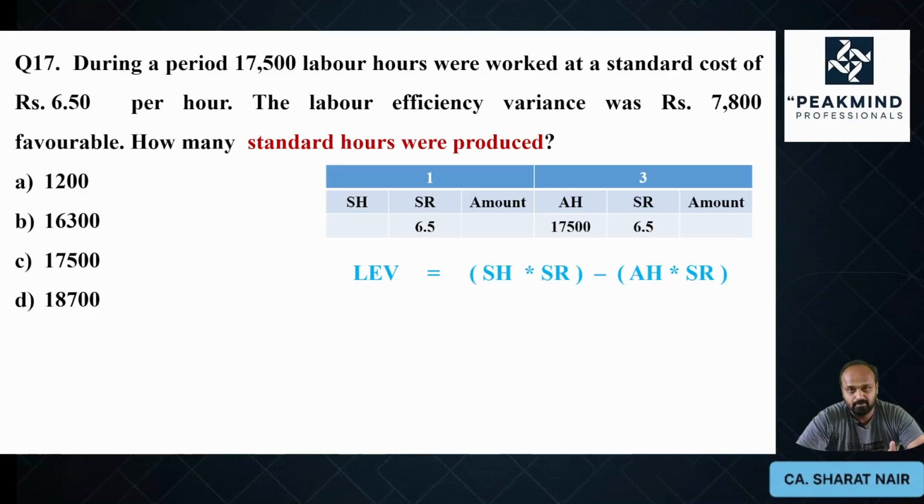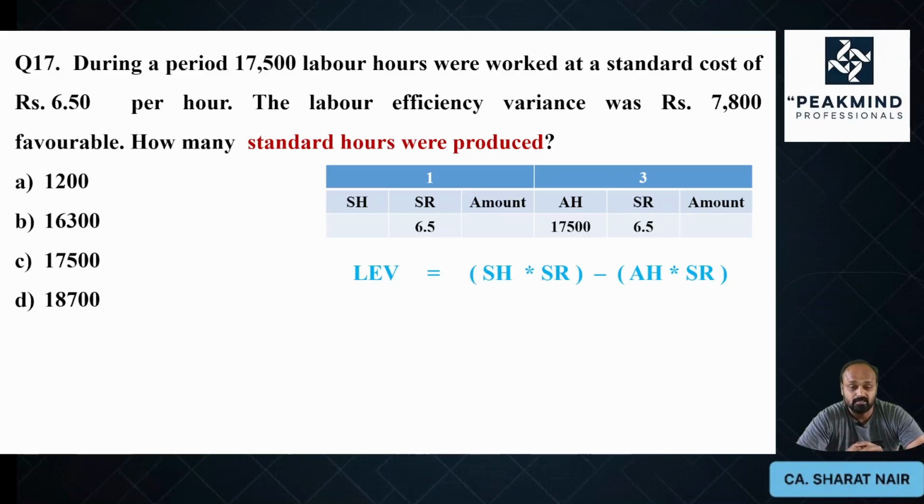And the next table, which is relevant, is actual hours into standard rate. Now, where we are choosing this actual hours into standard rate, please note, if I don't choose standard rate and if I apply actual rate, what will happen? In the difference, we will have both the element of hours as well as rate. When I am trying to find out efficiency variance, the difference should purely be only in the hours.